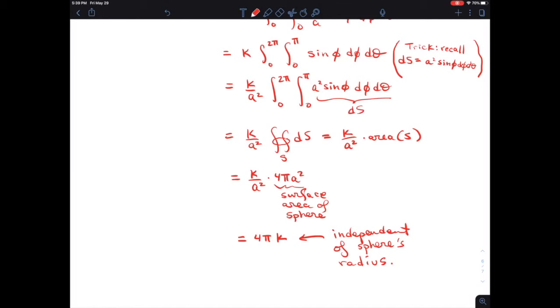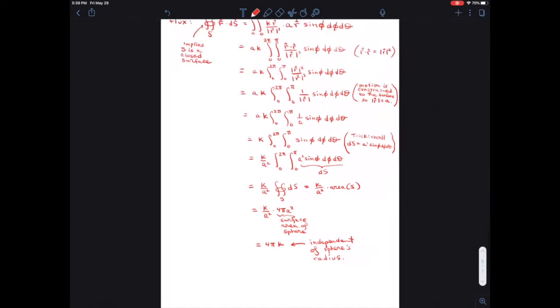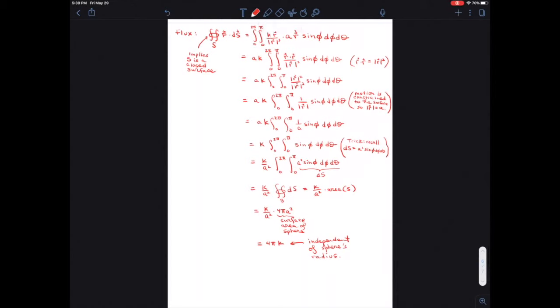If you think about the flux, which is the total fluid flow, it's all going to flow across this sphere. It doesn't matter how big the sphere is, you're still going to have the same amount of fluid flowing through it. So this is basically a statement of what's called Gauss's law, that flux for the inverse squared field across this surface is going to be independent of the surface itself, as long as it's a closed surface and as long as it contains the origin, which is the source of the fluid flow. Okay?